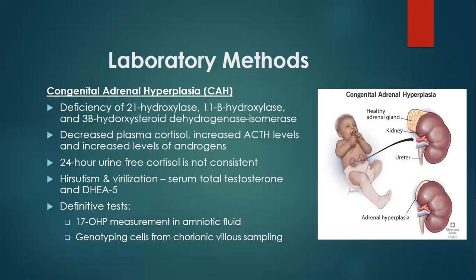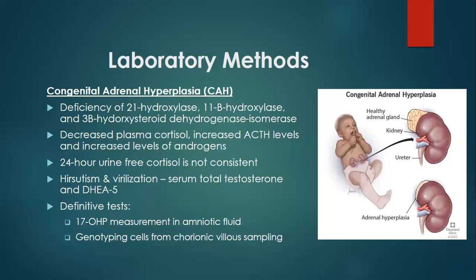Okay. So another laboratory method is for the detection of congenital adrenal hyperplasia. I have mentioned before in my lecture on urinary screening of metabolic disorders, congenital adrenal hyperplasia, which is detected in newborn screening tests.